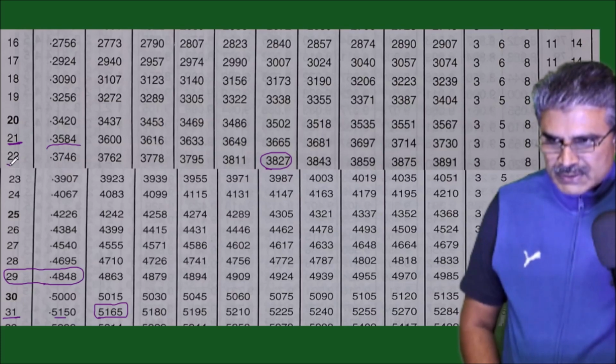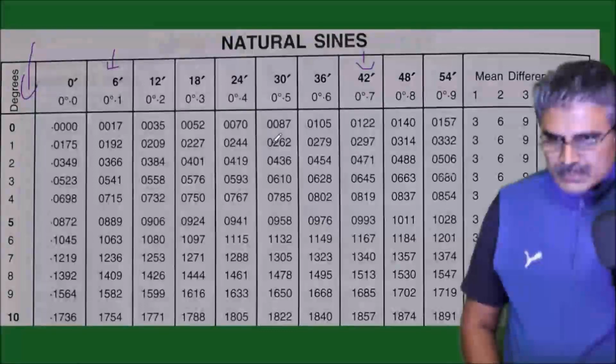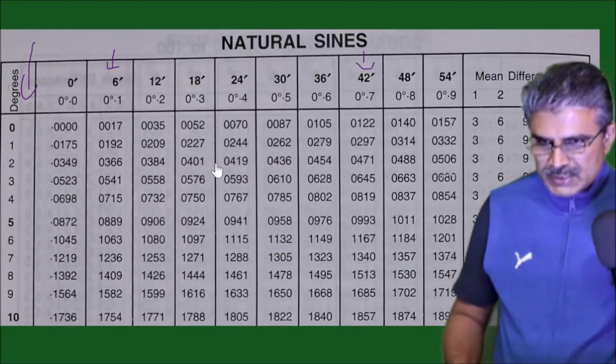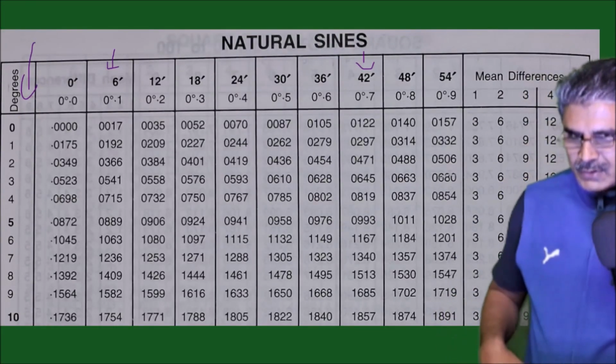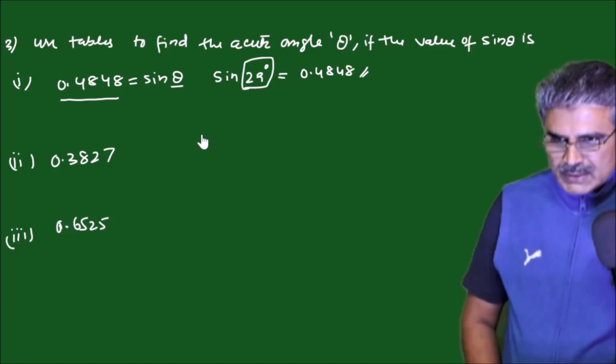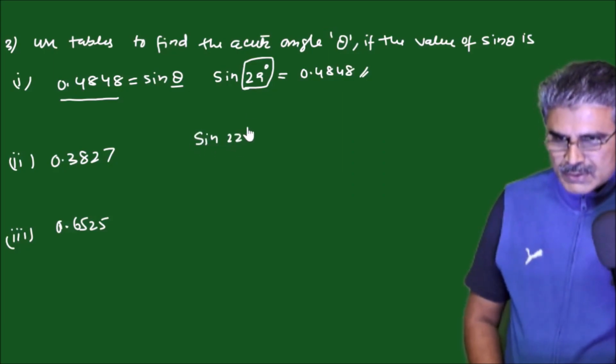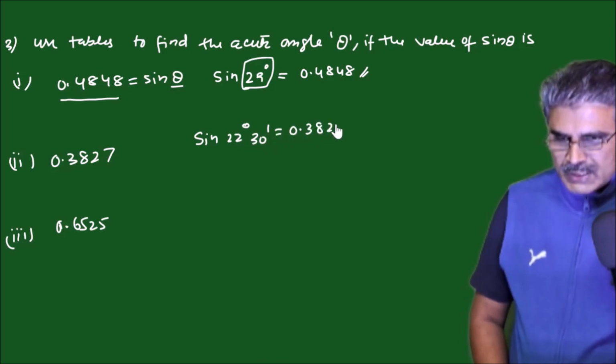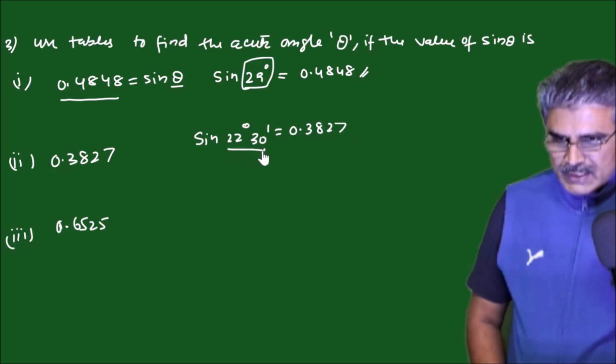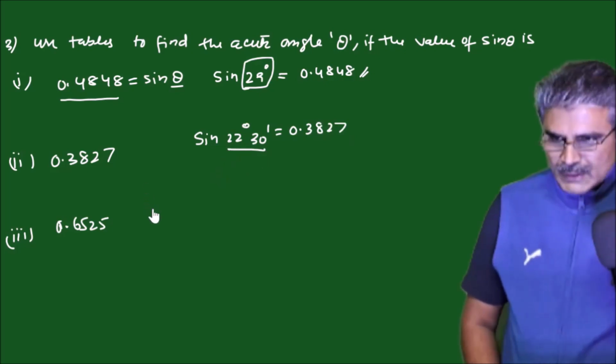It is at 22 degrees and under column 30 minutes. 22 degrees 30 minutes we have a direct value of this one. So we can write sine 22 degrees 30 minutes will be having the value 0.3827, so the angle is 22 degrees 30 minutes.